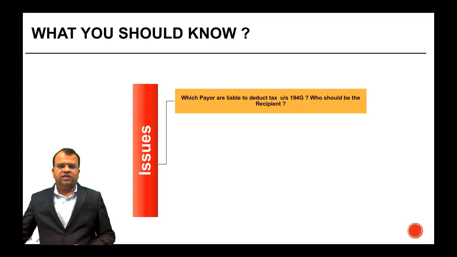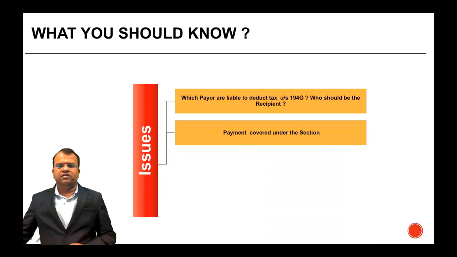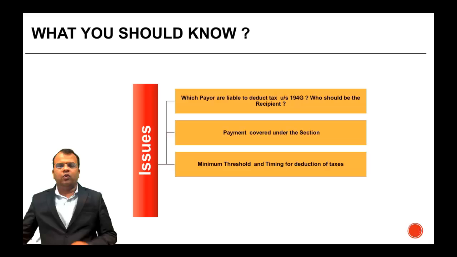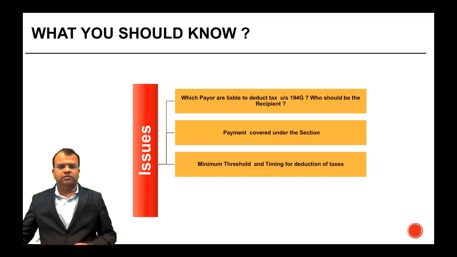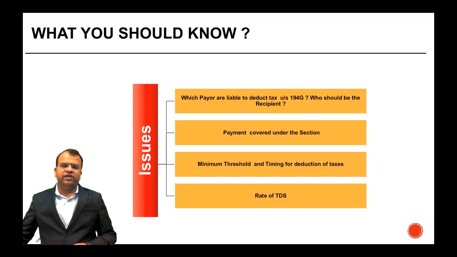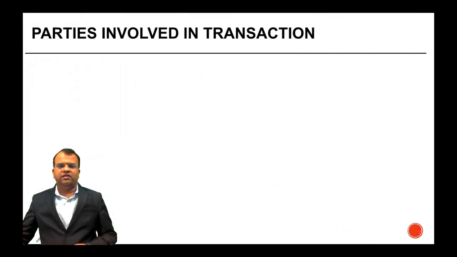In this particular section, we are going to know which payers are liable to deduct tax under section 194G, who should be the recipient, what are the payments which are covered under this section, what is the minimum threshold below which TDS is not required to be deducted under section 194G, and when is tax required to be deducted, whether at the time of credit or payment or earlier of these two, and what is the rate at which TDS has to be deducted.